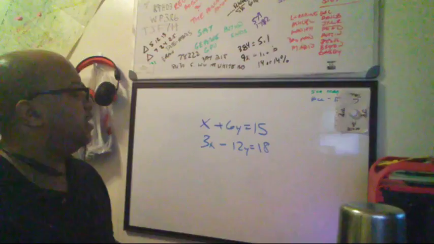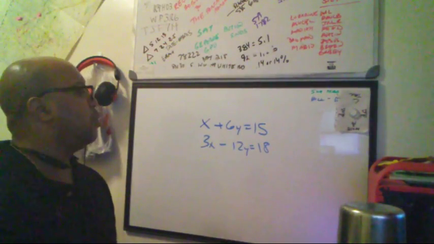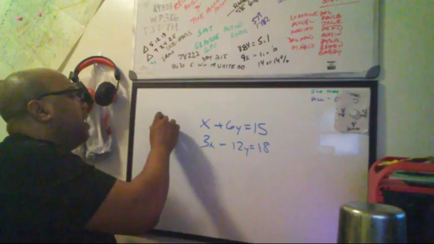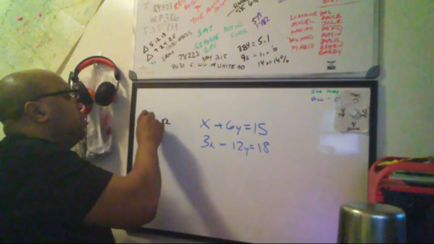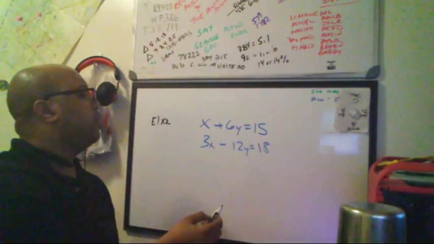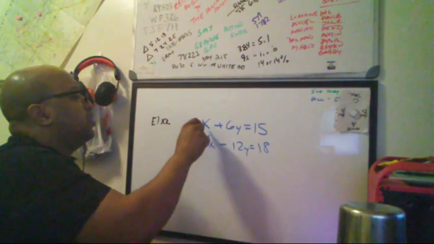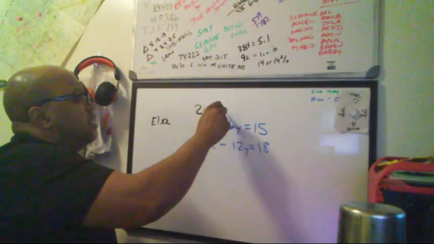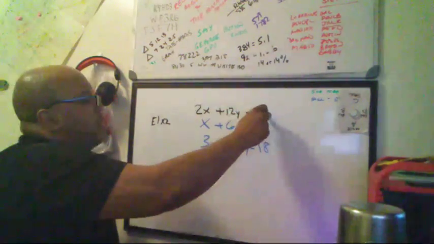All right. So I think the best thing to do is I'm going to go with multiplying equation 1 by 2. I'll just put E1 on the side just for a little note. So if this is multiplied by 2, this will become 2x, this will become positive 12y, and this will become 30.